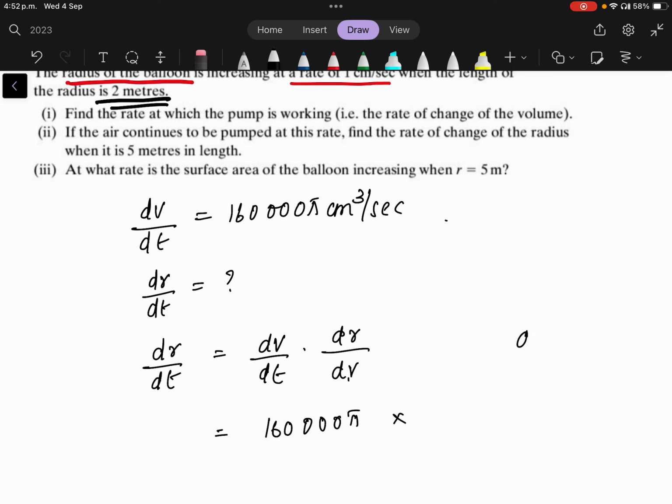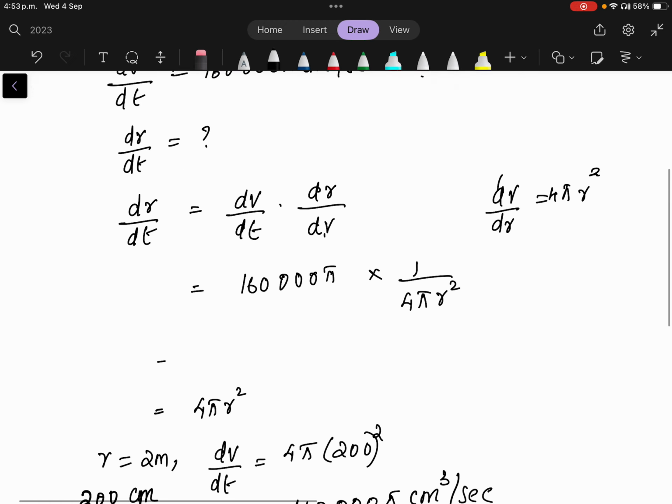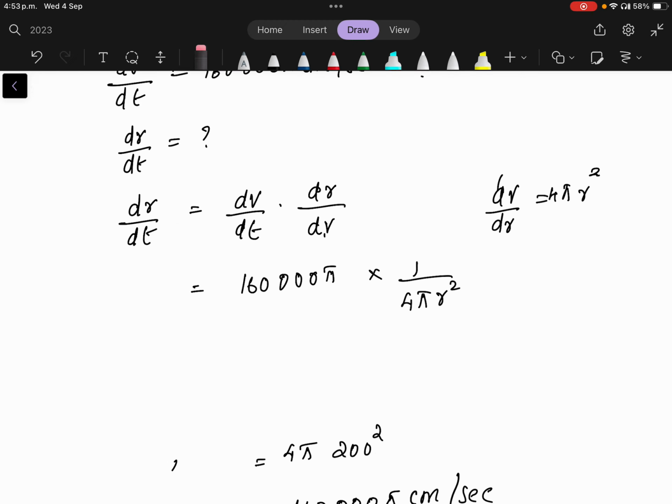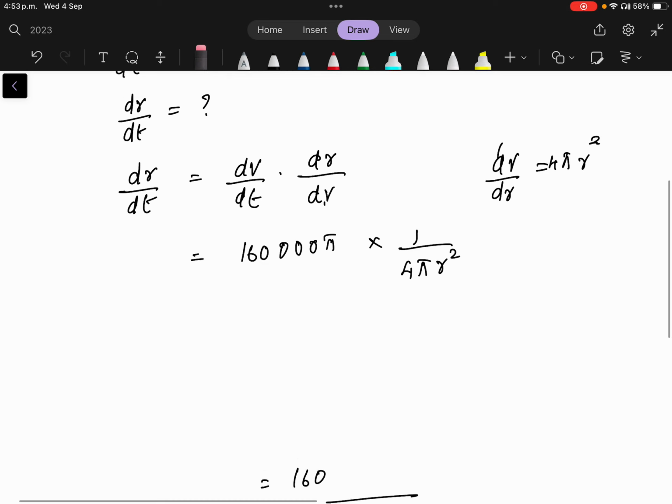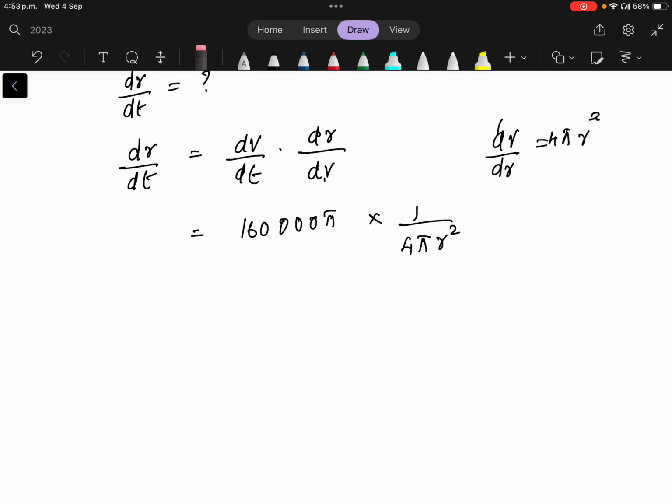We don't know dr by dV, but dV by dr we know, it is 4 pi r square, so that will be 1 by 4 pi r square. Then you can further simplify this and you will get 4 over 25, which is equal to 0.16 centimeter per second, because you are going to put the value of r as 5 meter, which is 500 centimeter.